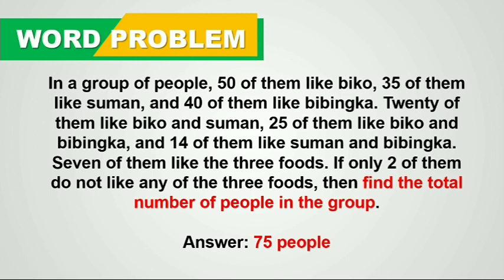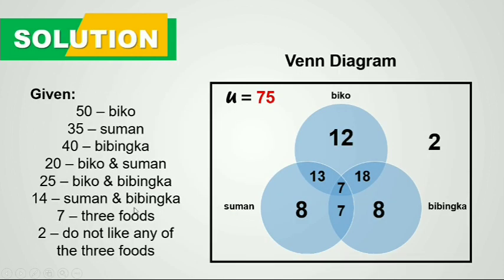You just have to start from the very intersection and then proceed from the bottom to up. From the intersection, then the intersections of 2 sets, and then the individual parts.